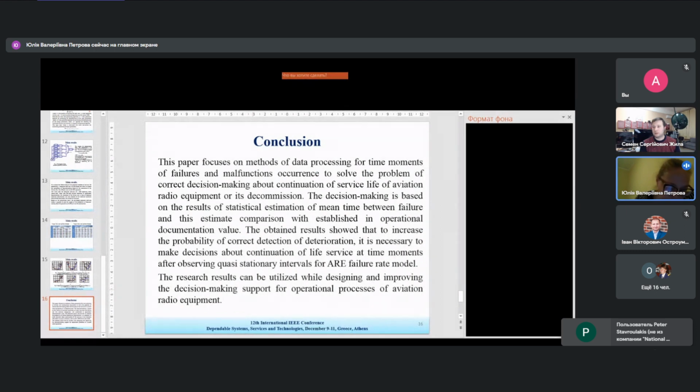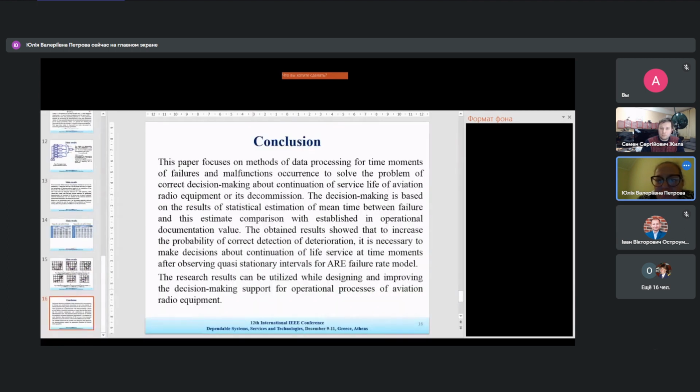We synthesized a new method for remaining useful life and service life. This method we can implement in the stage of design and in the stage of operation. It may be started at the beginning of operation or it also may be implemented later.